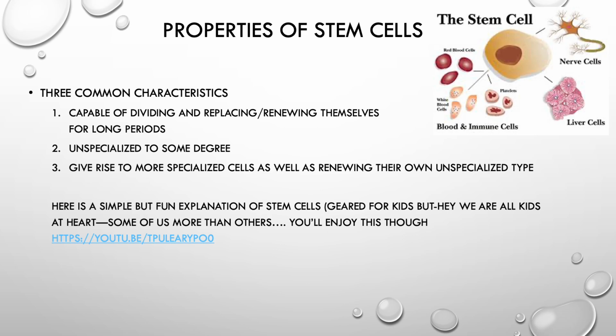Stem cells are the parental cells that give rise to every different type of cell in a multicellular organism. As you can see in this figure on the right, stem cells can differentiate into any type of cell, such as a red or white blood cell, a platelet, a nerve cell, or a liver cell.